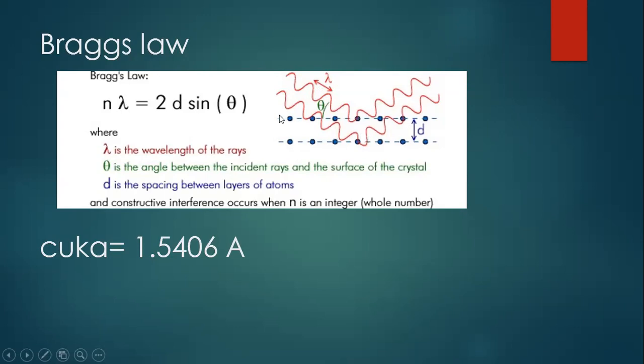By knowing the angle, n, and the wavelength, we can calculate the d-spacing, because the only thing we don't know is d, the d-spacing between the atoms. This is the principle of how Bragg's law works: n lambda equals 2d sine theta.